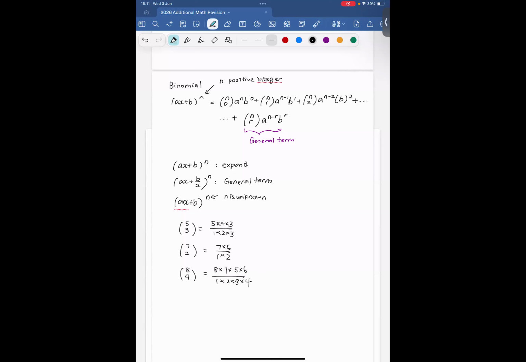So more generally, nC1 is n over 1, nC2 is n times n minus 1 over 1 times 2, and nC3 is n times n minus 1 times n minus 2 over 1 times 2 times 3.